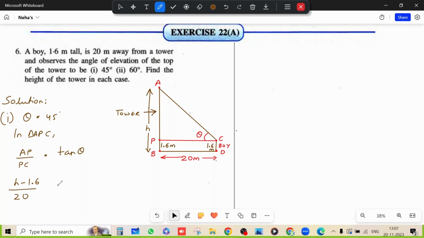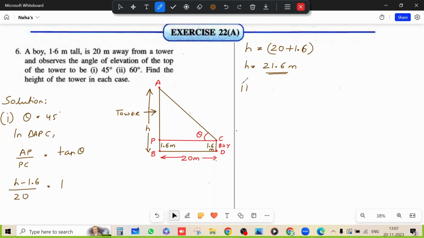So this becomes 20, and the value of tan theta will be equal to tan 45 degree, which is equal to 1. So from this equation, the value of H is 20 plus 1.6. So the height of the tower in the first case is equal to 21.6 meters.